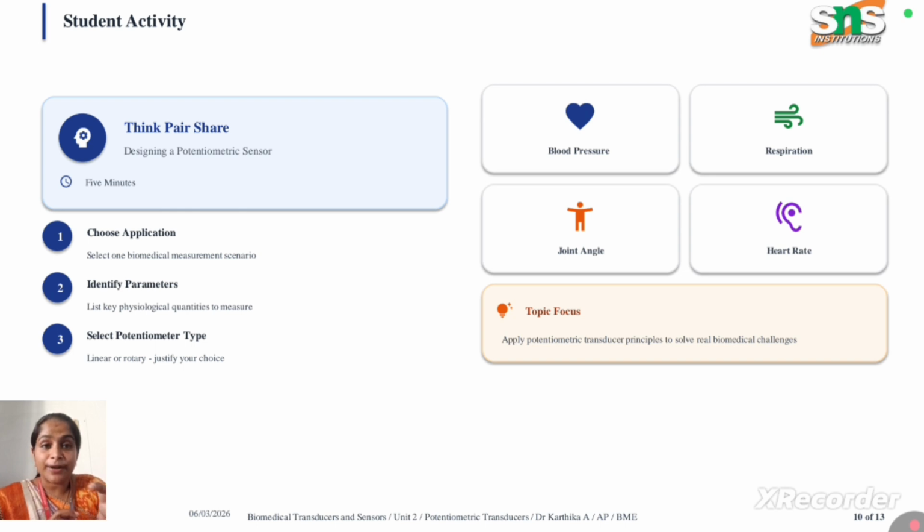Select one biomedical measurement scenario, identify the parameters, list key physiological quantities to measure, and select the potentiometer type, linear or rotary, based on the application, and then justify your choice. See the diagram here. I've included blood pressure, respiration, joint angle, and heart rate.